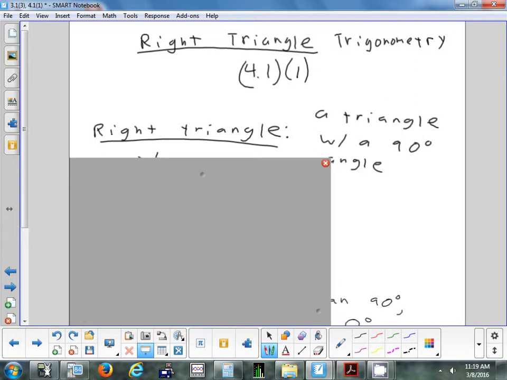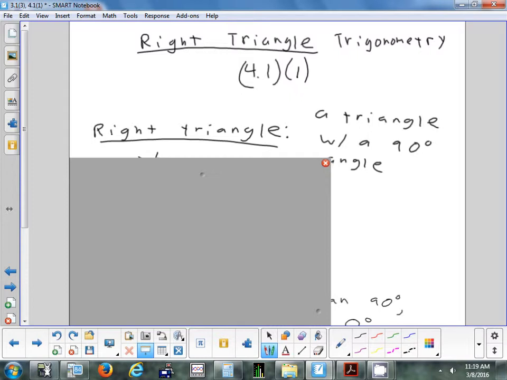Does anybody remember in a right triangle what we call the 2 shorter sides? Bailey, do you remember that? The name of the 2 shorter sides in a right triangle? I know the longer side. Okay, what's the longer side? Hypotenuse? Yeah, it's good. The long side is the hypotenuse. Anybody remember the shorter sides?